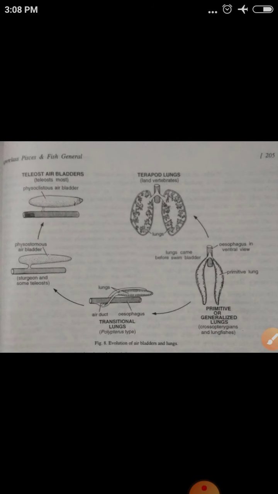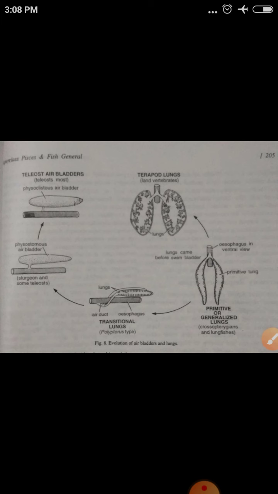Next, now we will discuss the phylogenetic relationship of the air bladder with tetrapod lungs. So there is a striking similarity between the swim bladder in fishes and the lungs of tetrapods in origin, structure, and development. This suggests a positive phylogenetic relationship between the two, that is the lungs of the tetrapods and the air bladder of fishes.